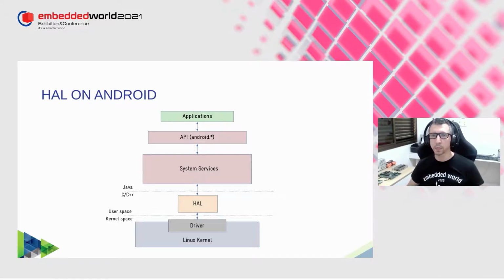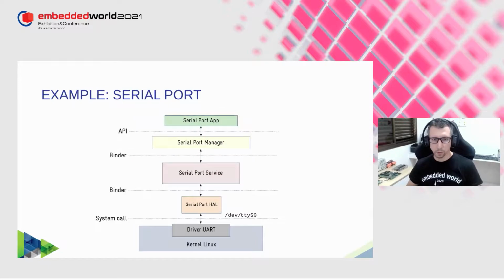A lot of components, and each component has its own responsibility. So just as an example, we have a UART interface, ttyS0, for example. Let's say an application wants to write or read from this serial port. It's going to call an API.